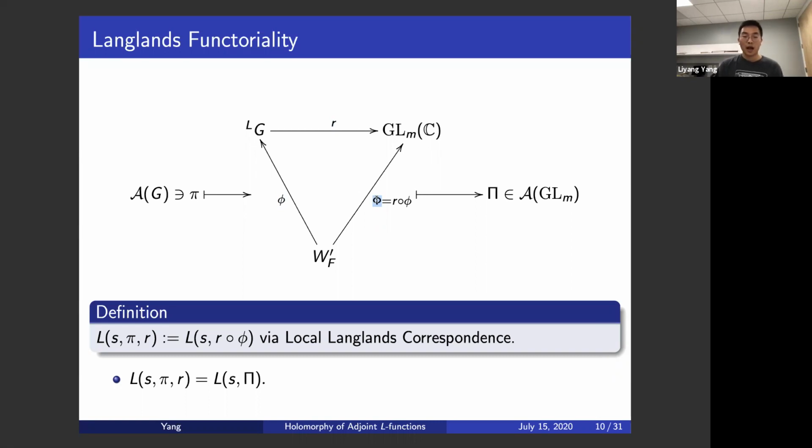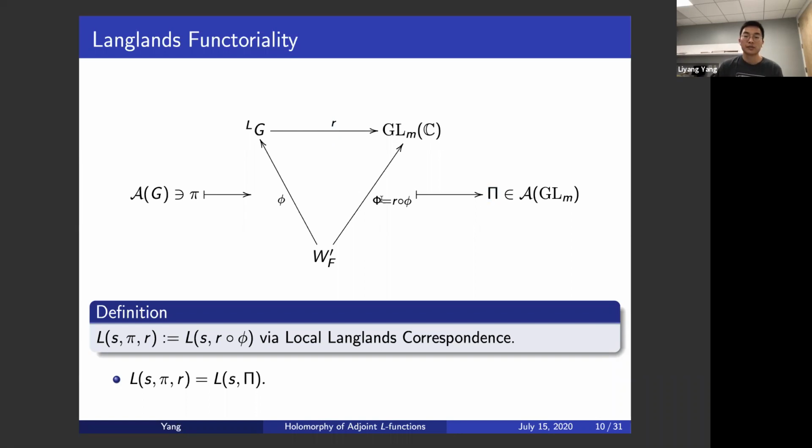And then you can apply the Langlands correspondence once again with respect to this parameter. There's a unique automorphic representation on GL_m, because for GL_m, the Langlands correspondence is a bijection. And we will define the Langlands L function with respect to this representation r to be the Artin L function associated to this parameter.